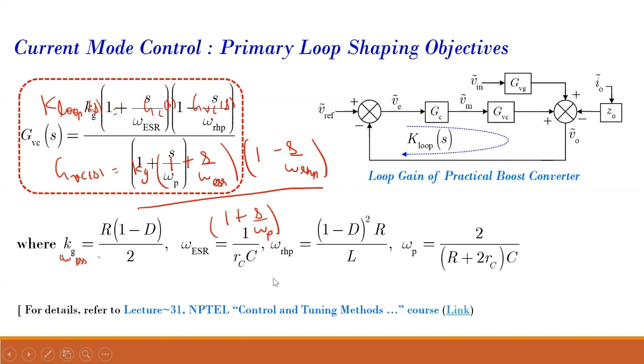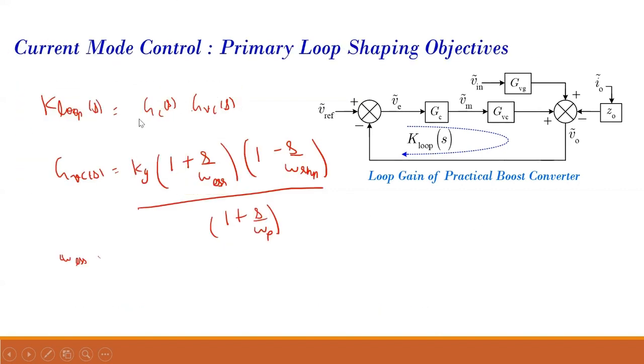If you notice, 1 over RC into C will be very high. So that is the ESR zero. There are two zeros and one pole, and this zero tends to infinity, because omega ESR is very, very large.